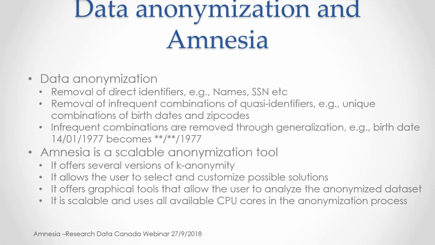So the work done by anonymization tools that provide some kind of formal guarantee like K-Anonymity, Amnesia is focused on K-Anonymity at the moment, is to create the equivalence classes, that is groups of identical quasi-identifiers, where it is no longer possible to isolate a specific record that belongs to a person.